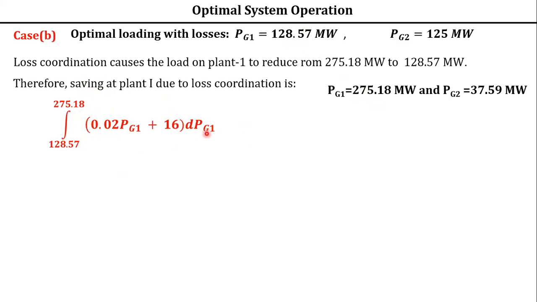Now integrate this with respect to PG1, substitute the upper limit and lower limit. Tell me the savings in rupees per hour. So on the LHS you can write savings at plant 1 is equal to, you write that equation. Clear?